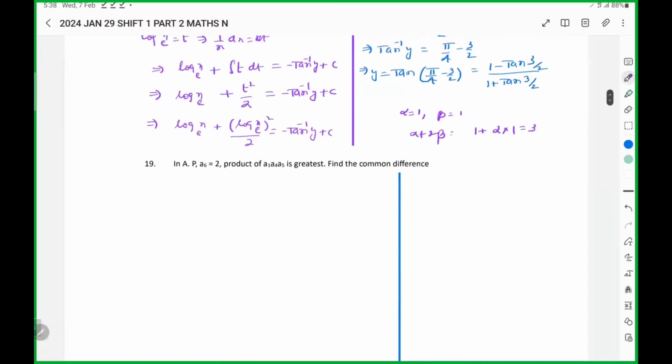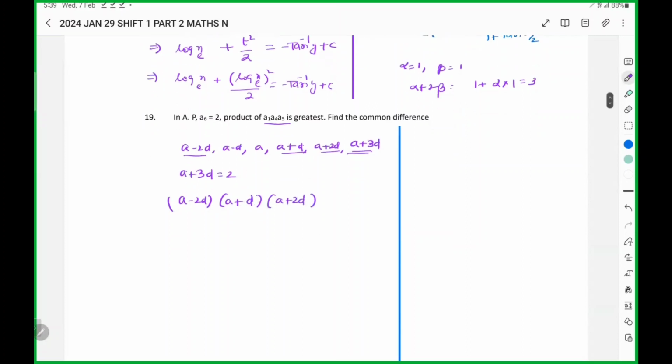In this problem, A1, A4, A5 is greatest. Let us take numbers as, now sixth term we are given as 2, and first, fourth, and fifth, the product is greatest.